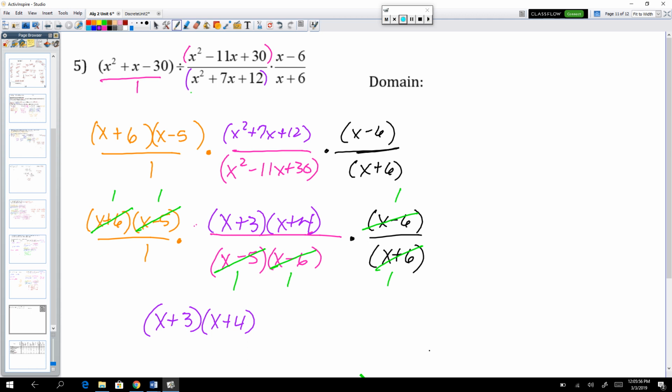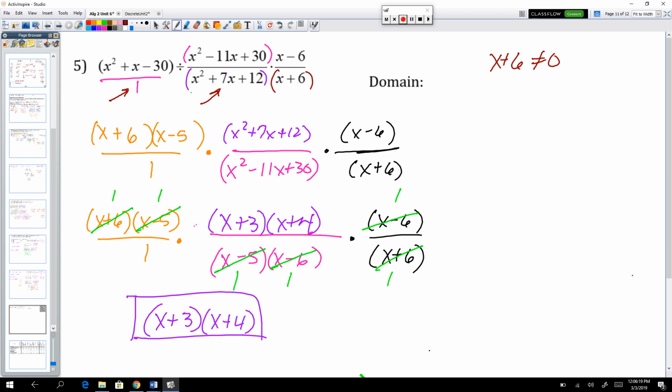Now we need to go back and check for our domain limitations. So we'll circle that as our answer. And then our domain troublemakers, there was nothing here. There's no way for 1 to ever equal 0 because it always equals 1. We definitely want to take care of the fact that x plus 6 is not allowed to be equal to 0.